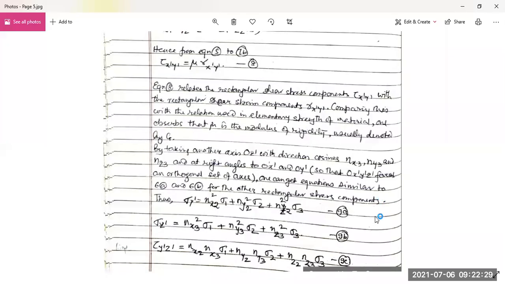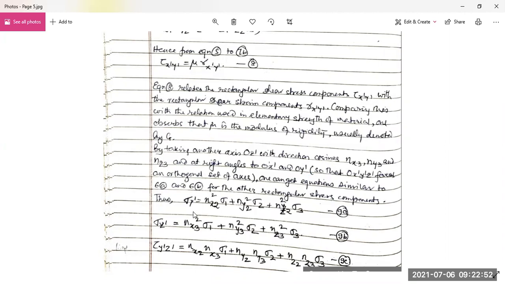And if we take the third coordinate axis OZ dash with direction cosines nx2, ny2, and nz3, at right angles to OX dash and right angles to OY dash, so that the orthogonal coordinate system O dash, X dash, Y dash, Z dash forms, one can get equations similar to the earlier equations 6, 6a and b.